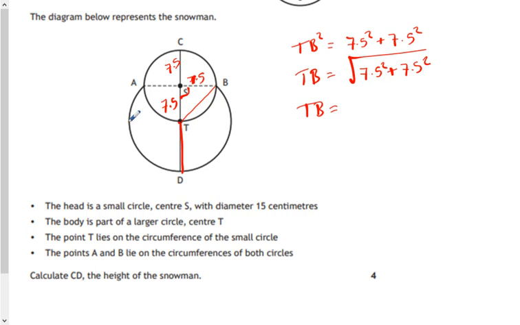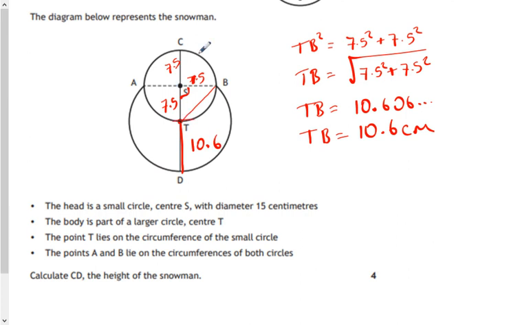TB, which is our radius of the big one, is going to be the square root of 7.5 squared plus 7.5 squared, close the bracket, equals, and we get then that that is equal to 10.606..., which we're going to round there to 10.6 centimeters. So that is 10.6 here to get to there.